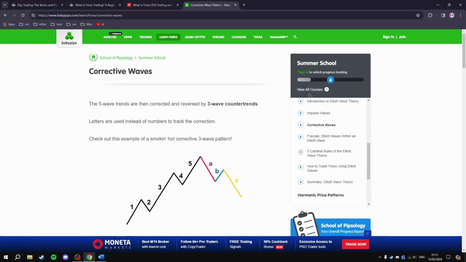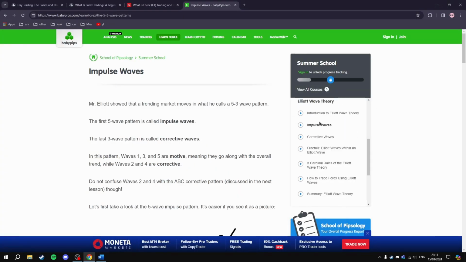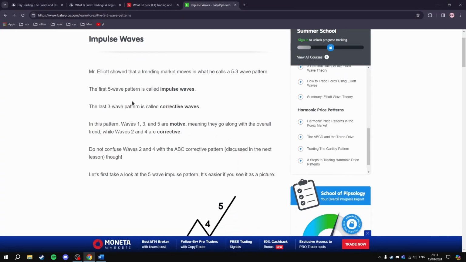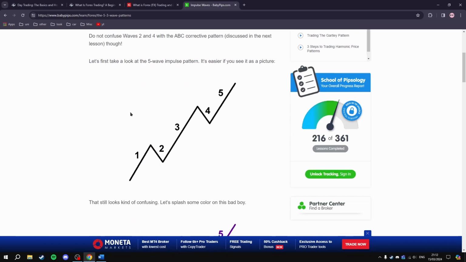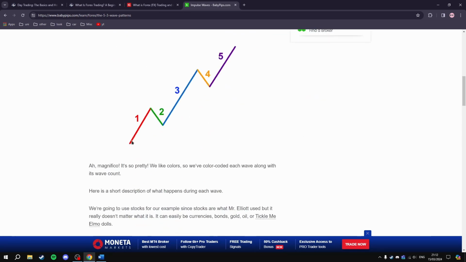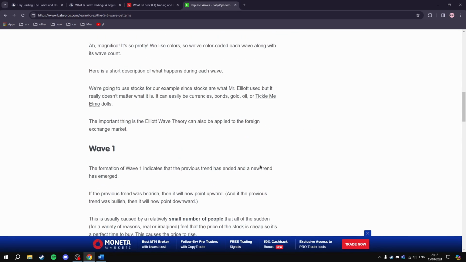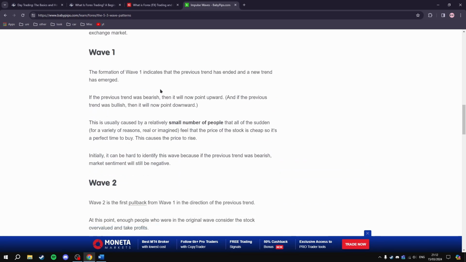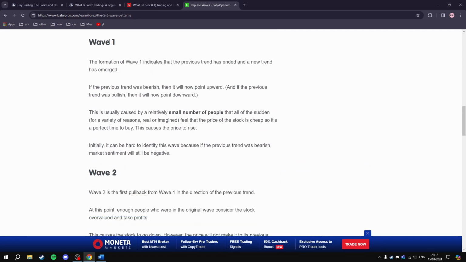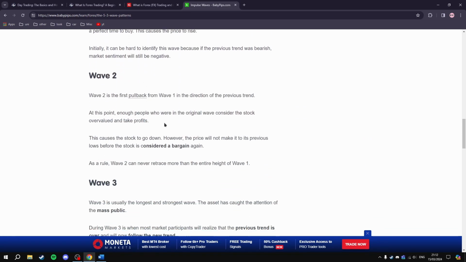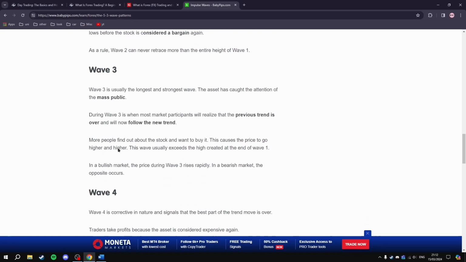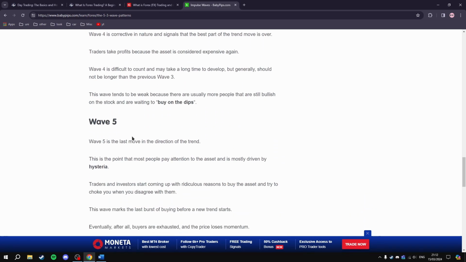So in the last video we went through the impulse waves. The 5-wave pattern is called impulse wave, the 3-wave pattern is called corrective waves. So 1, 2, 3, 4, 5. We learned about what each section of the wave means, so what wave 1 means, wave 2 means, wave 3 means, wave 4 and wave 5.